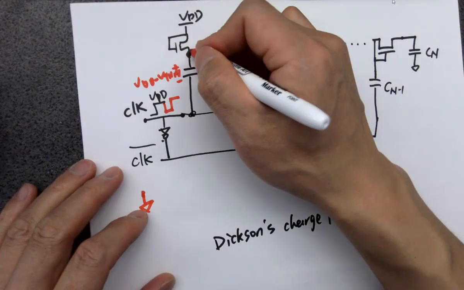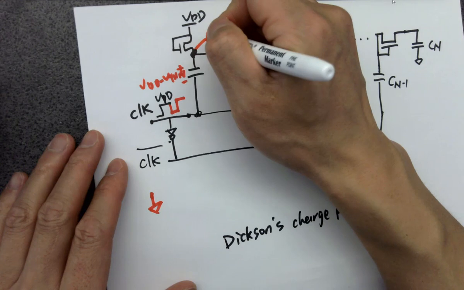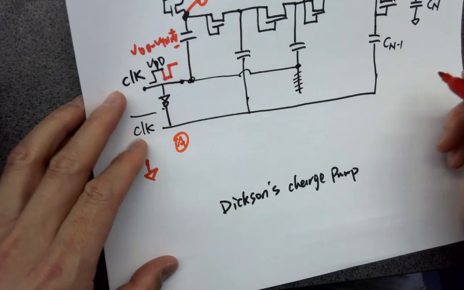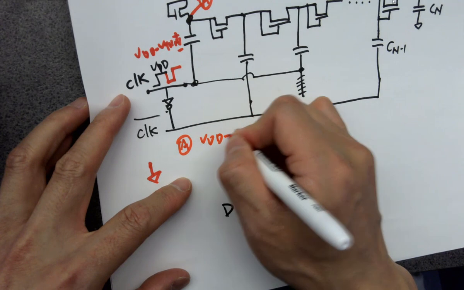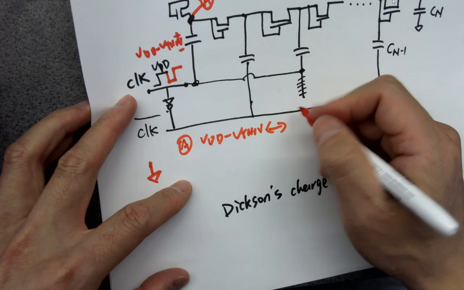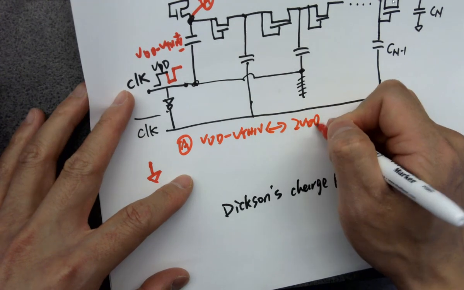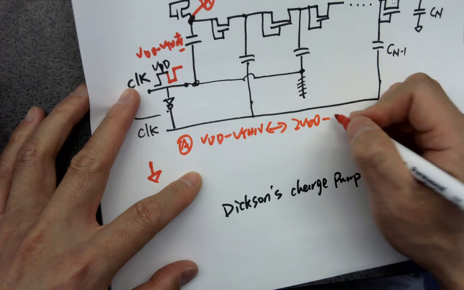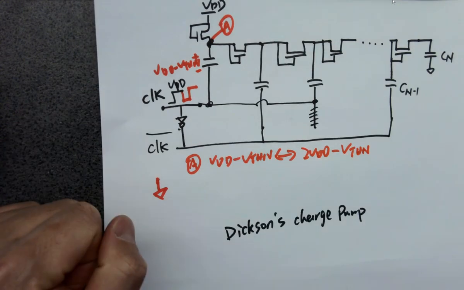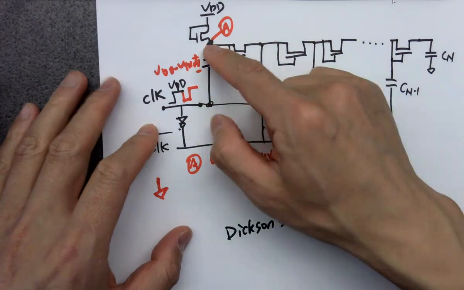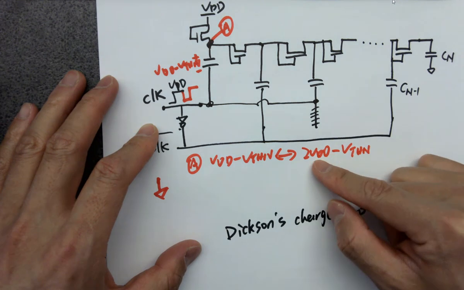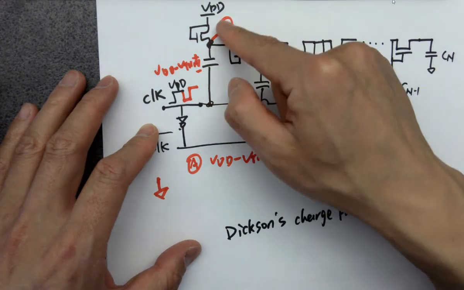So the voltage here becomes, I'll just label it A, from VDD minus VTHN to what? It's adding another VDD. So there will be a square wave swinging between VDD minus VTHN and 2 VDD minus VTHN. Just boom, boom, boom, boom like this.